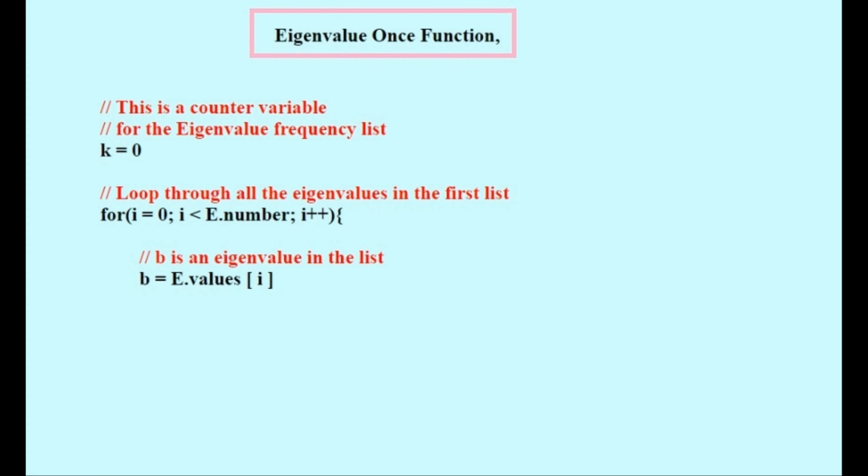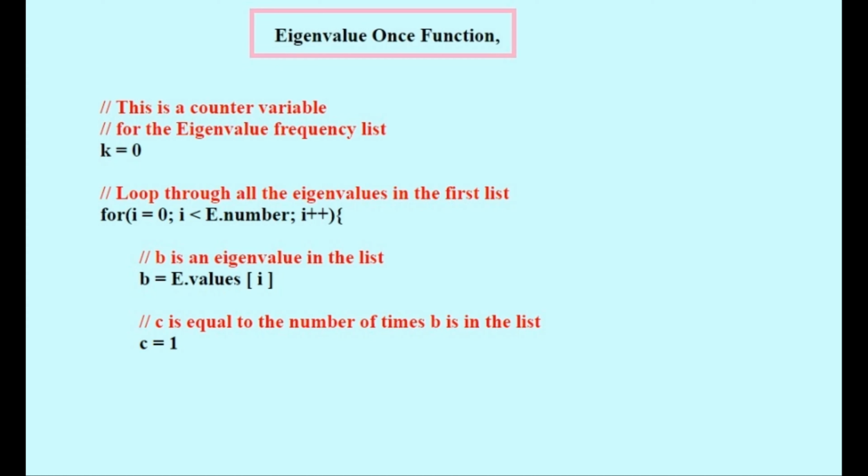We look at the particular value stored in the first list at position i. We're going to evaluate C to be the amount of times that this particular eigenvalue occurs in the entire first list. It's going to be incremented as we go through the rest of the list.